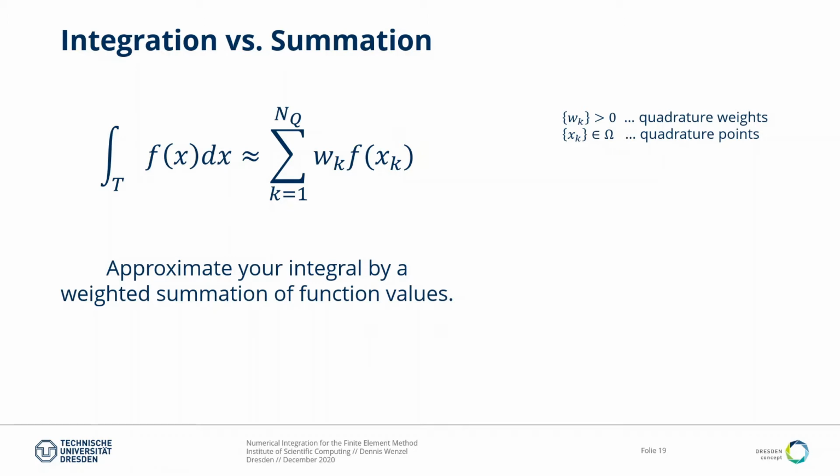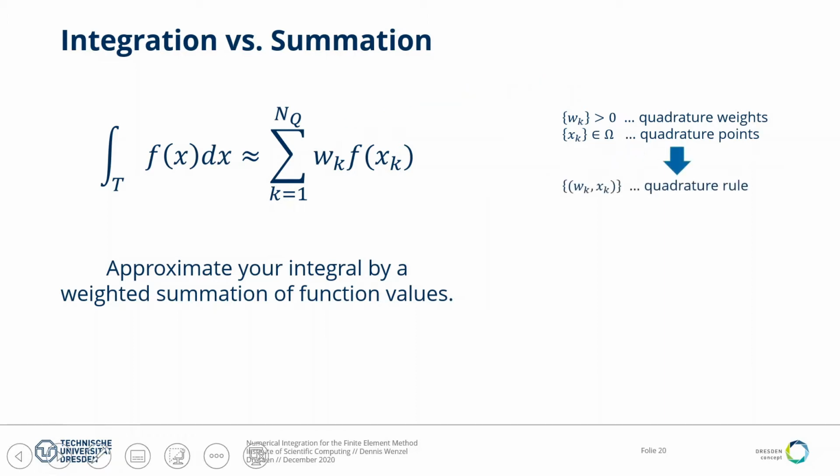Okay, what does that in particular mean? Let's talk about the notation. Those w_k here, those factors, are called quadrature weights, because as I said, they weigh the individual contributions, so they balance how important a certain function value is for the whole computation. And those x_k here are quadrature points, so those are the points that are of some interest to us, where we want to evaluate our function, the representative points.